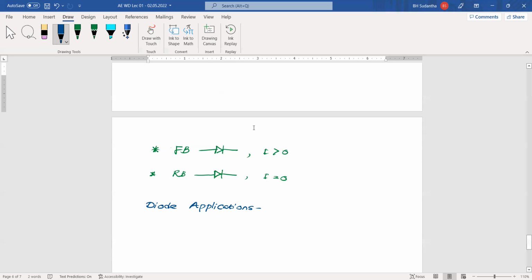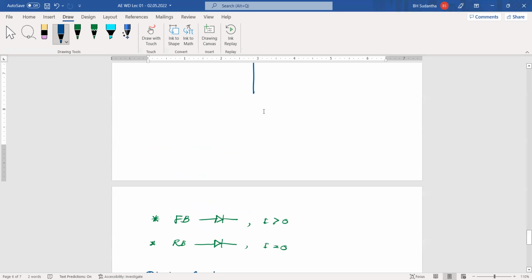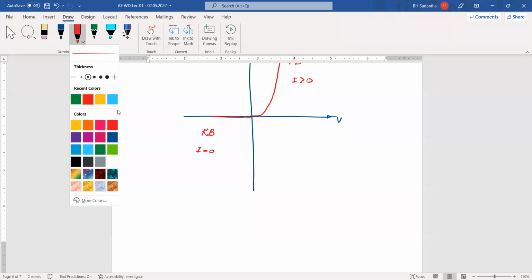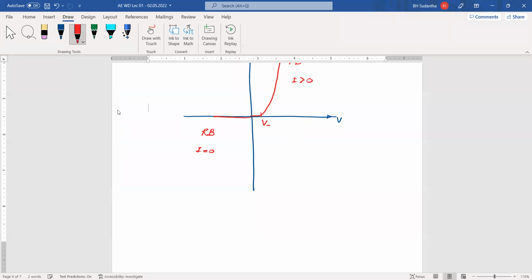But what is that voltage here? You can see until a certain voltage there is no current. But what is this value? As a value, VF, this will be 0.7 volts for silicon diodes.